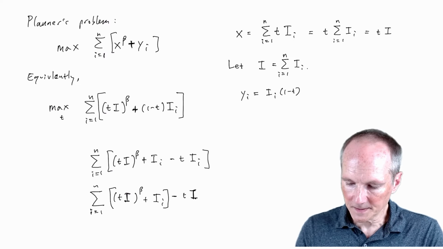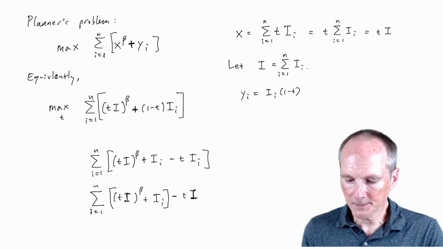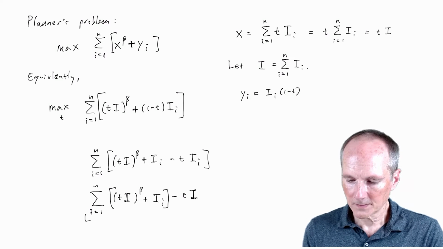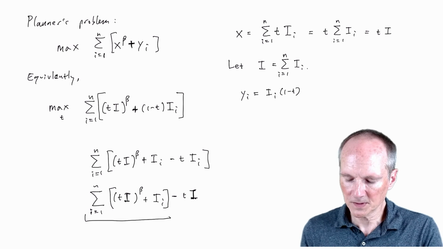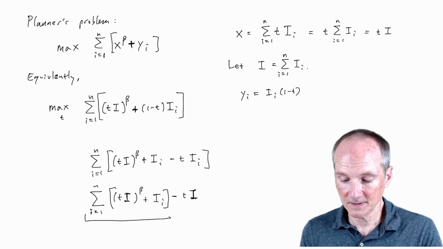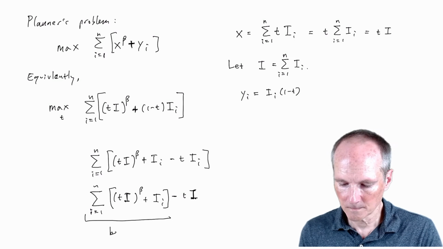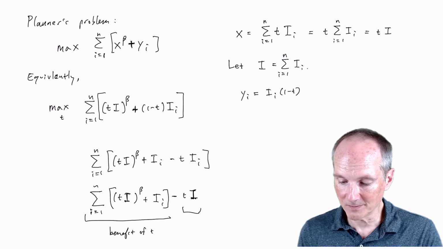When I write it like this, you can start to see that this has kind of the structure of a cost-benefit problem, right? Where this first summation here, you can think of that as the beneficial aspect of the tax rate. And this part over here is the cost part, okay?